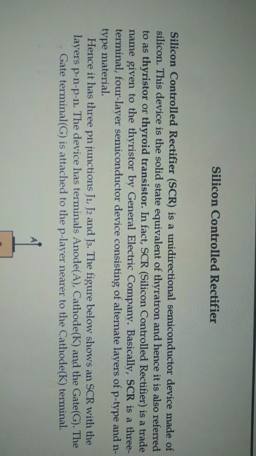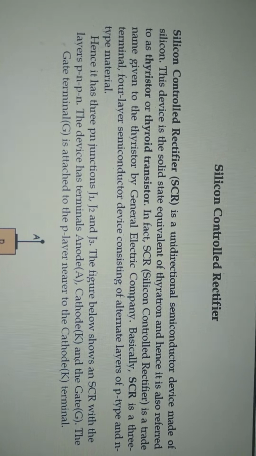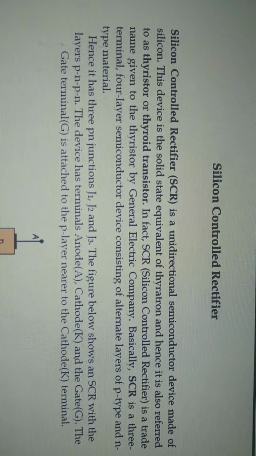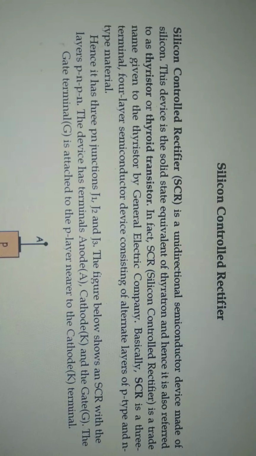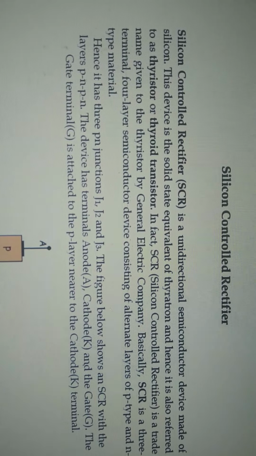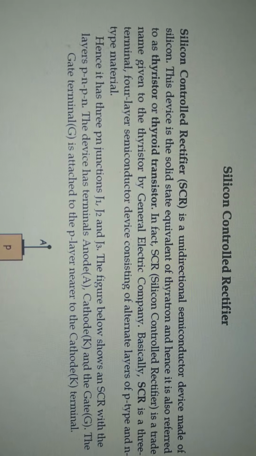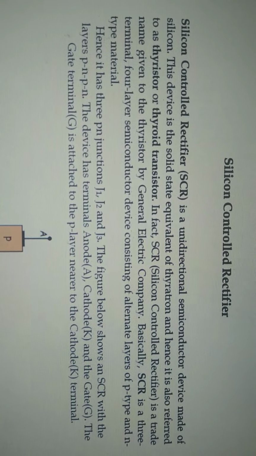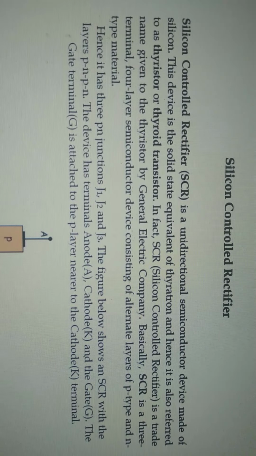The silicon control rectifier was developed by General Electric Company and it is named as silicon control rectifier. The name itself suggesting something. The silicon in the sense the device is going to be made up with the silicon material, and the main application of this material is rectification, means converting AC into DC.